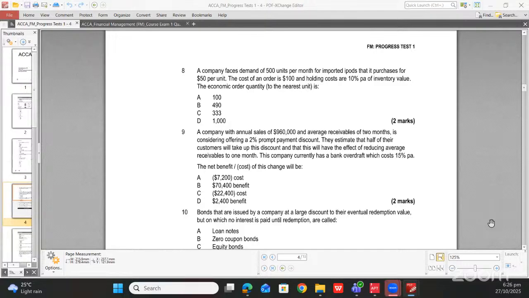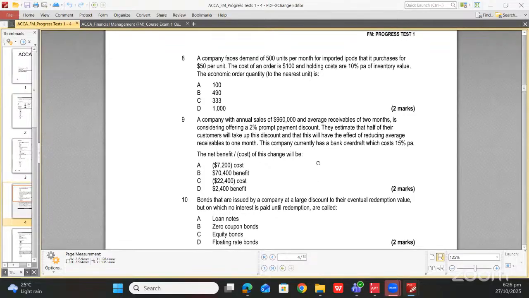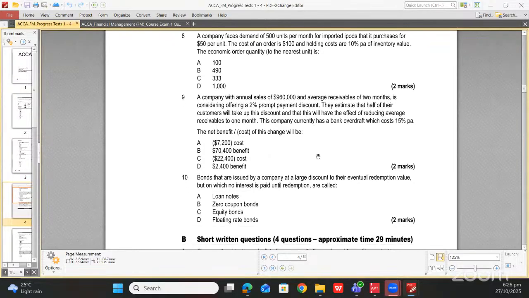So they're saving 12,000 in interest, but it costs them 9,600 in discount costs. So what is the difference? 12,000 benefit minus 9,600 costs gives you a net benefit of $2,400. So that would be their net benefit.